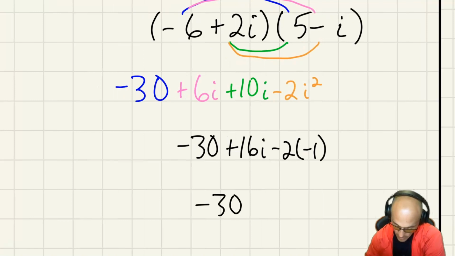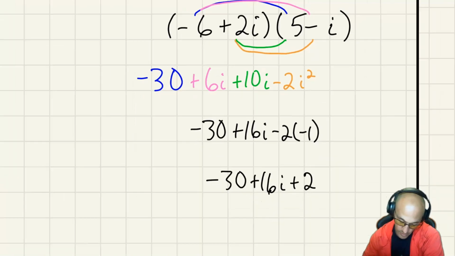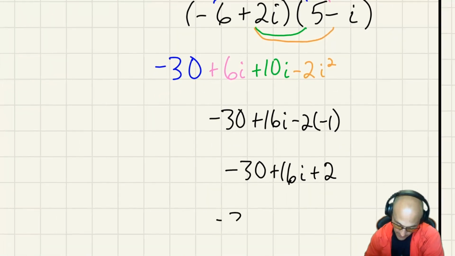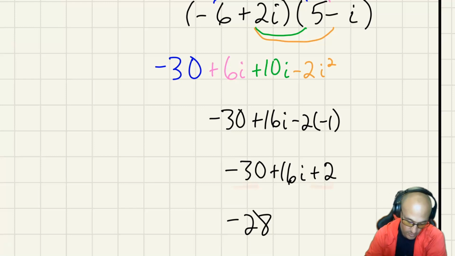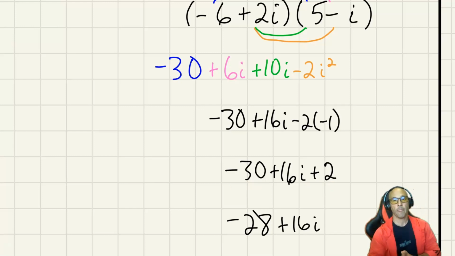Negative 30 plus 16i plus 2, because negative 2 times negative 1 is positive 2. And last, negative 30 plus 2 is negative 28, plus 16i. Questions there?